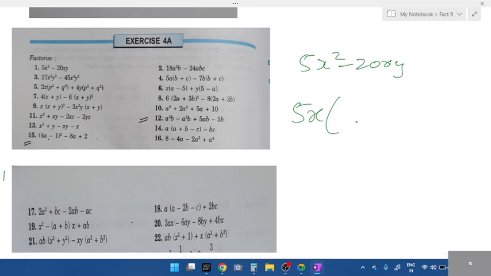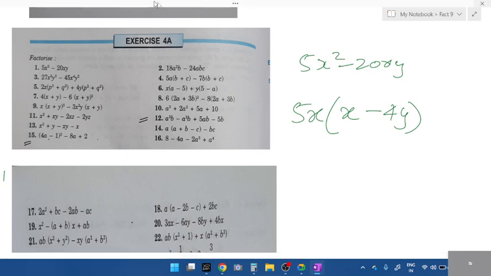Divide and tell me. Yes, X. 1x, you can write x minus 4. Understood? The second one is the same.